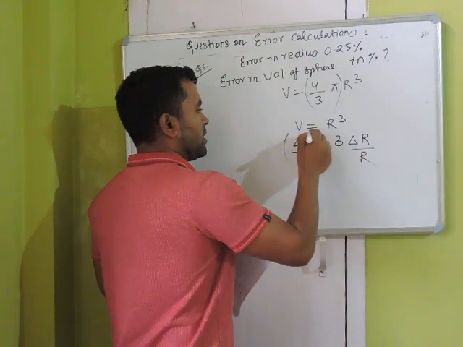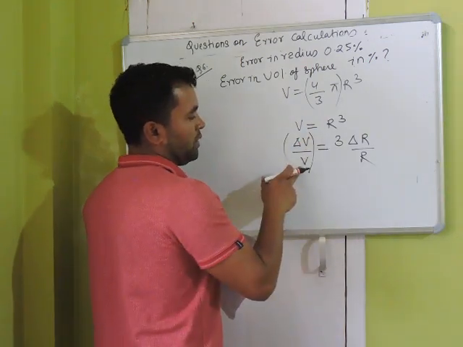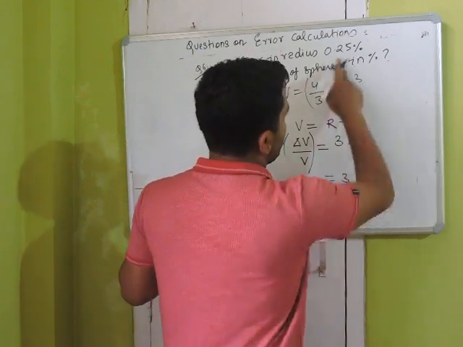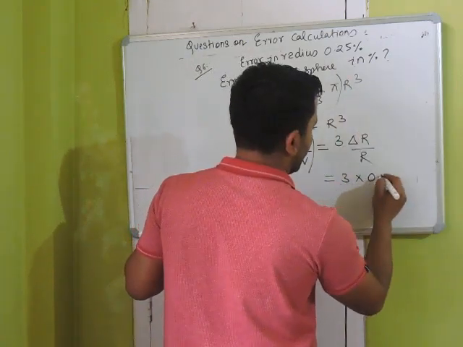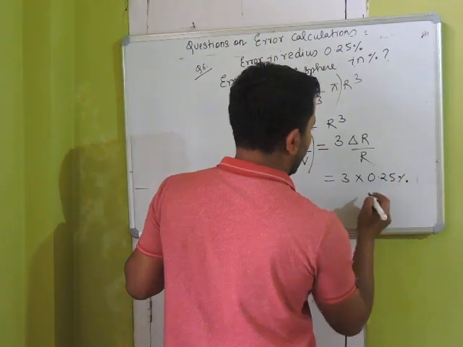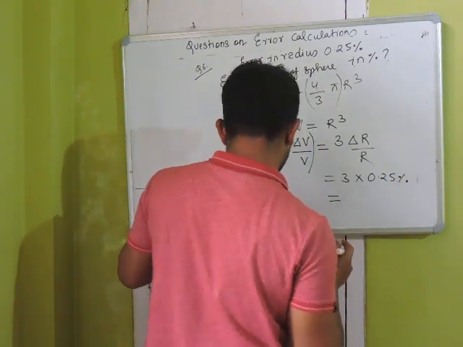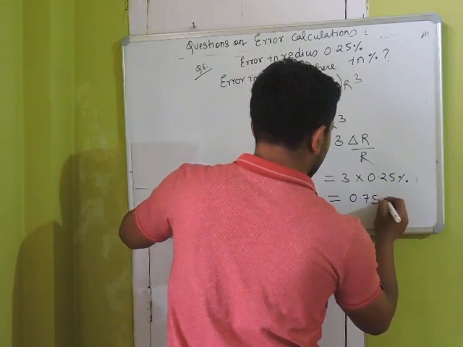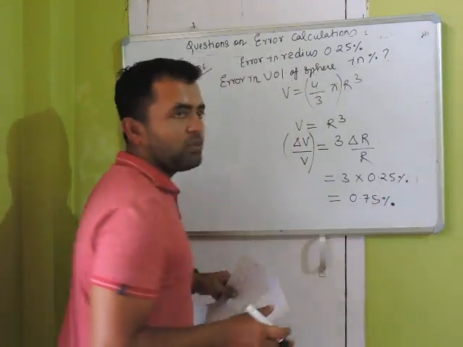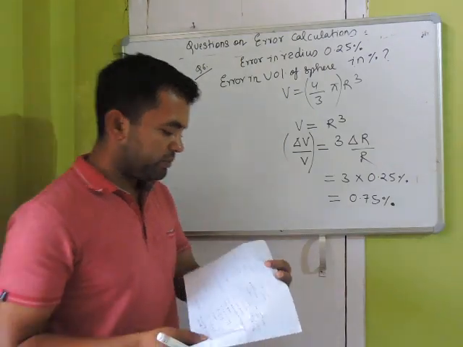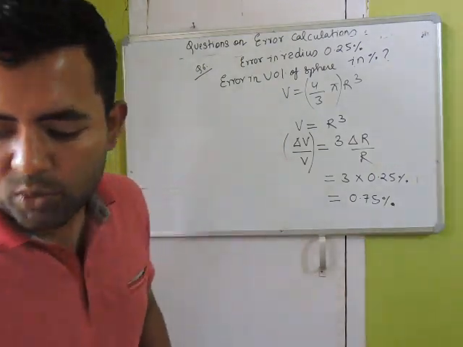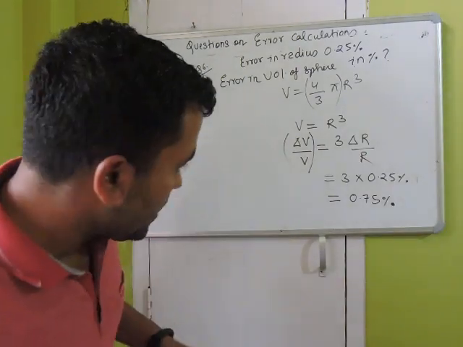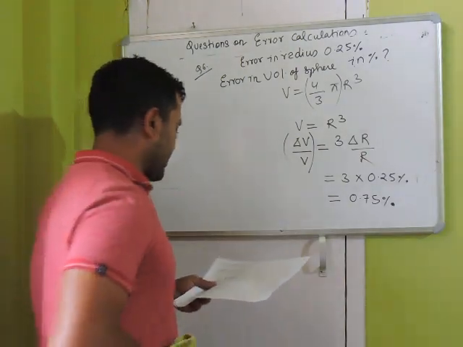Now this is the fractional error in volume, and the error in radius is 0.25%, and if you do this then it comes out to be 0.75%. So this is the percentage error in the volume of the sphere. Now let us discuss some more questions. The next question has to do with subtraction of error.